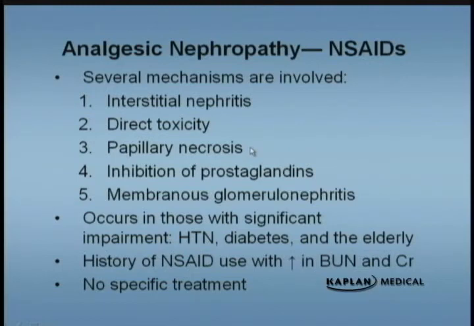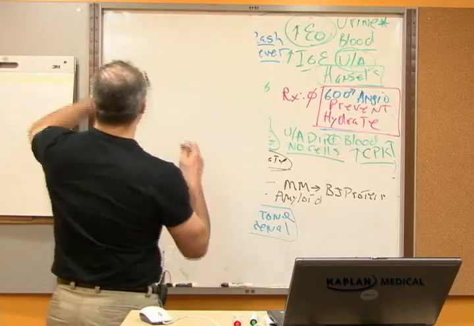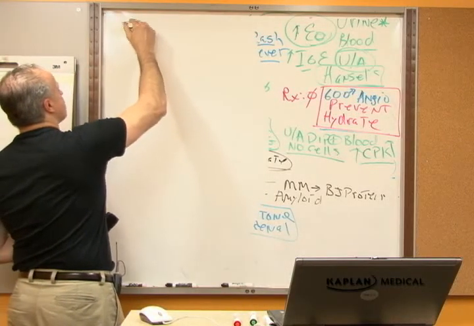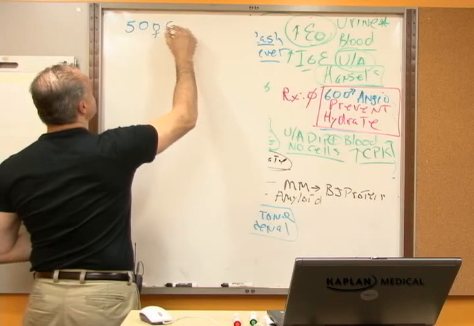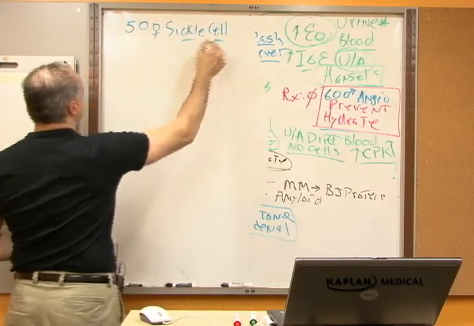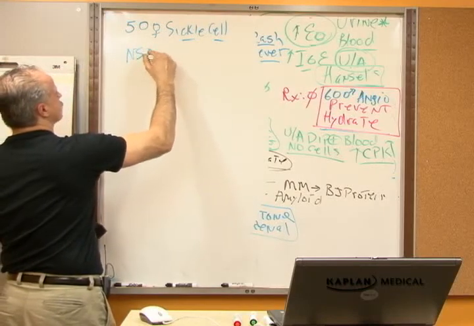Papillary necrosis is going to present like a person who looks like they have pyelonephritis. A person who's got sickle cell, because these people have bad kidneys to begin with, takes a bunch of non-steroidals.